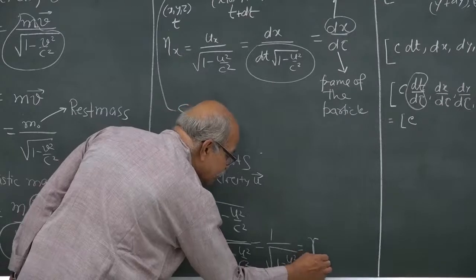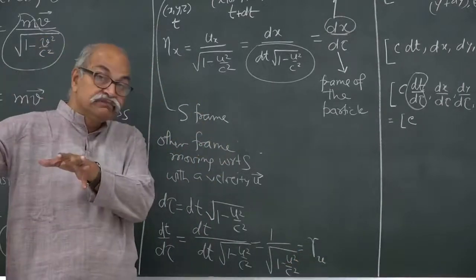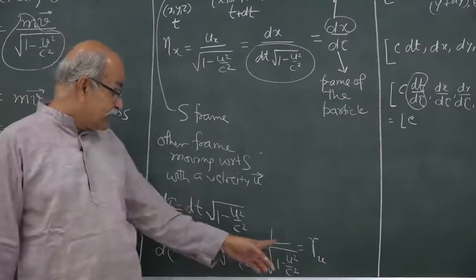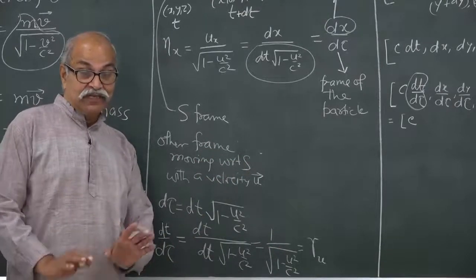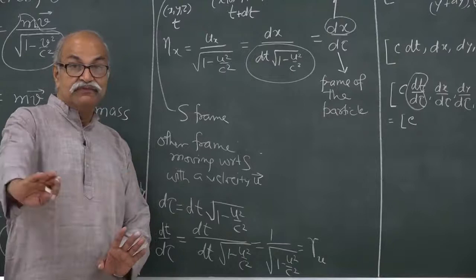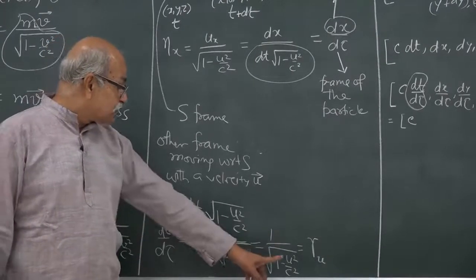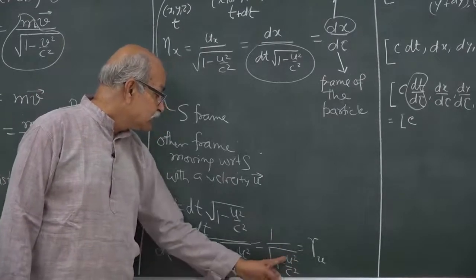Let me write it as u to remind that it is not the frame velocity; this is the particle velocity in the frame in which I am working. In that particular frame the particle is moving with velocity u, and with that u I have this quantity 1 by square root of 1 minus u square by c square.